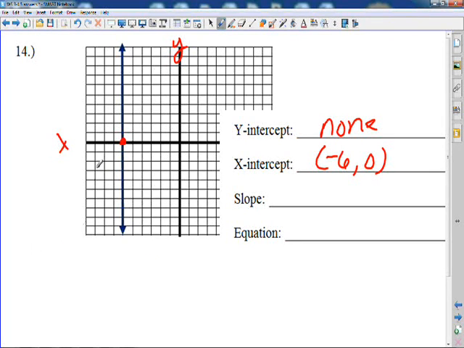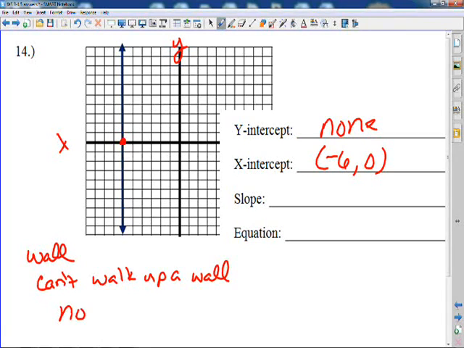Now, when it talks about the slope, let's think of this right here as a wall. Can I walk up this wall? No, it's the steepest line that you can get. You can't walk up a wall. This has no slope.